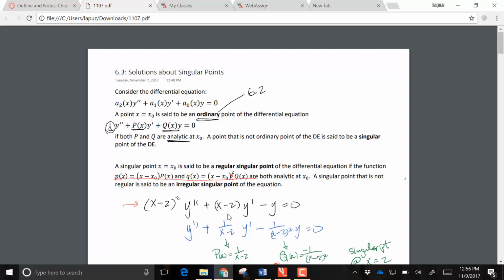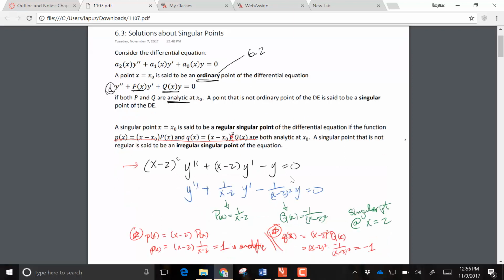And a regular singular point is defined by multiplying your capital P function by x minus the singular point, and then getting something that's analytic. And so I had this as an example of a regular singular point.